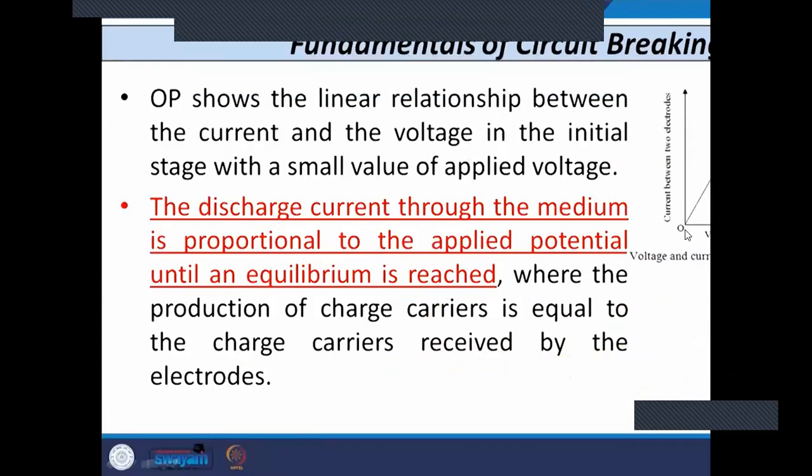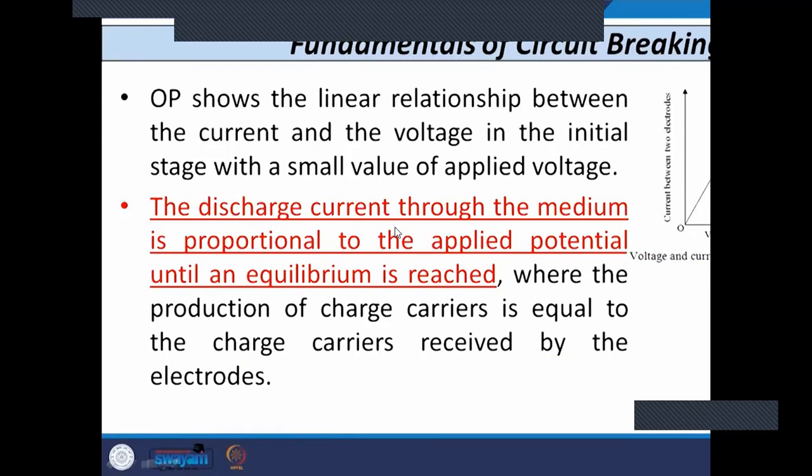Okay. There is a curve OP which shows the linear relation between the current and the voltage in the initial stage, when a small value of voltage is applied. Okay, this is the VI characteristic curve. When we have the voltage, the current will move between the electrodes, and we will have a linear curve.